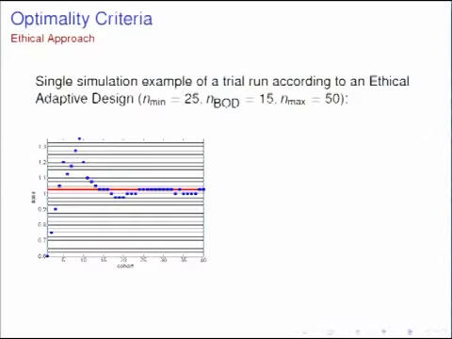And here is a single simulation for this criterion. I need to say a few words here. We assume that we don't want less than 25 cohorts. Here, cohorts are of size 3 in this example. And that we will not continue for more than 50 cohorts.